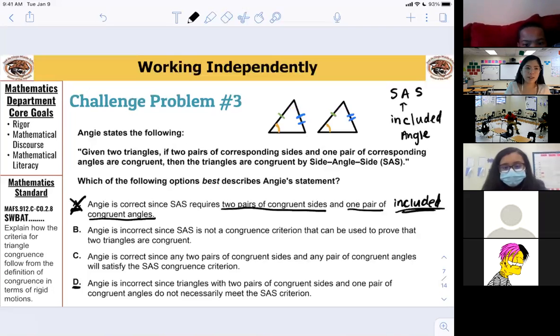That is correct, because like we just said, the angle has to be the included one. It'll only work out if you're talking about the included angle. So this one is a little bit tricky. This is the type of problem where you really have to read carefully and think through each answer choice very carefully. Questions on number 3?